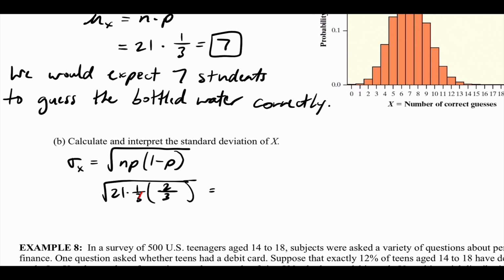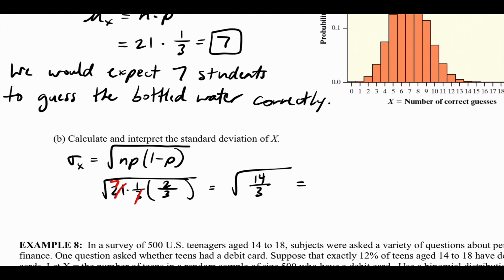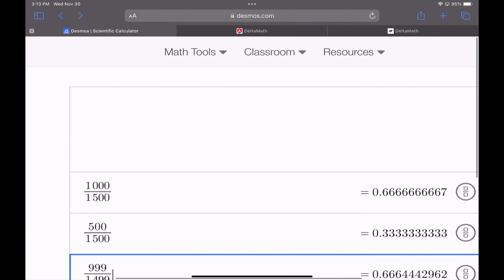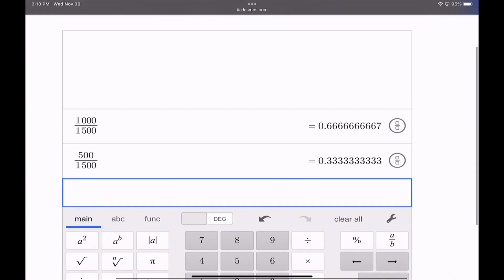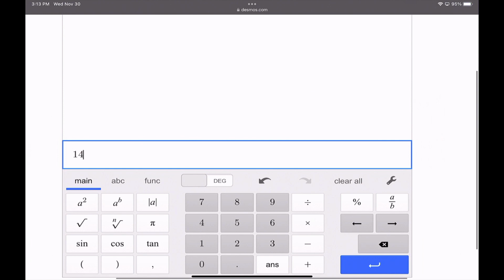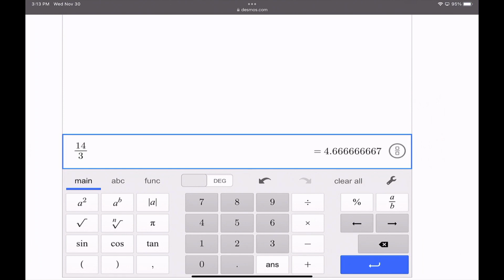Okay, so if I multiply, those cancel out, so I get the square root of 14 over 3. Multiply straight across, 14 over 3. So then you go to your calculator. I could just do it here. 14 over 3 is 4.666666 forever.